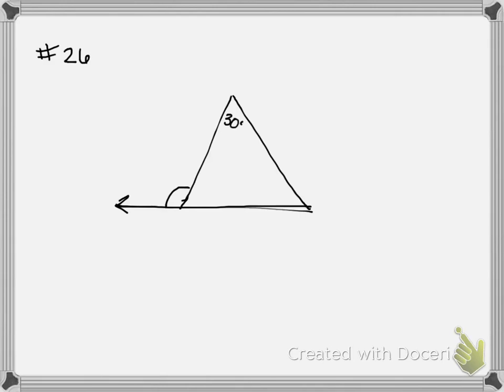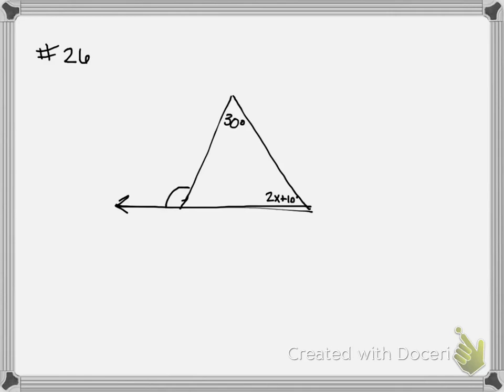So let's look at a triangle that has one of the sides extended to make this angle out here. Let's say the inside angles, maybe this top angle is 30 degrees, and this bottom angle is 2x plus 10 degrees.